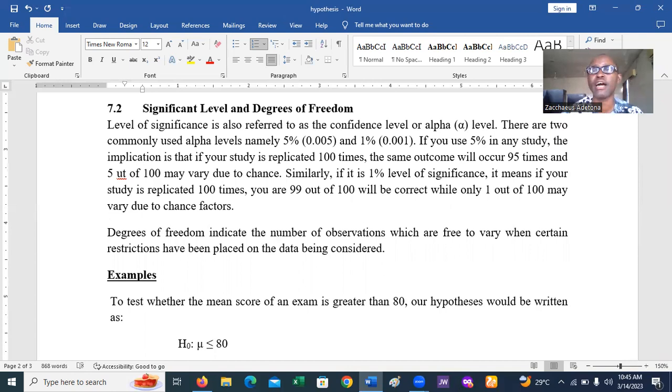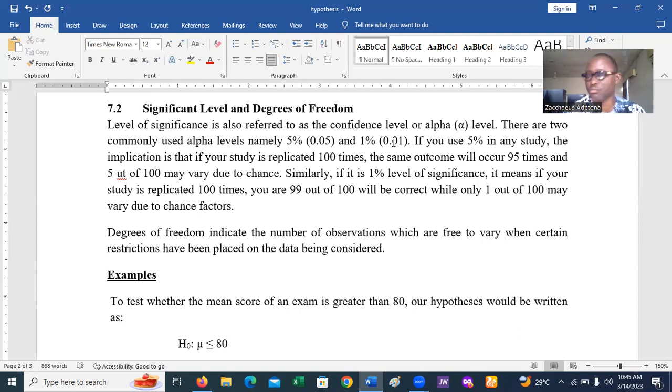There are two types of alpha commonly used in research. That is a 5% level, that is 0.05, and then 1%, that is 0.01.